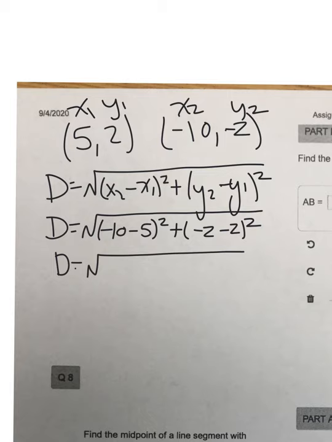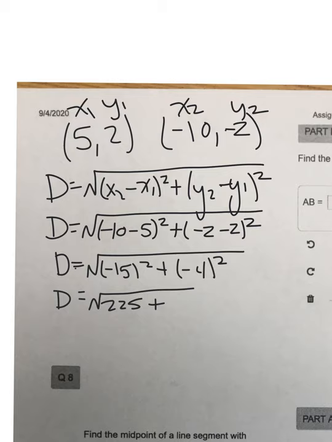So I have negative 15 squared plus negative 4 squared. Now 15 squared is 125? No, it's 225. So I have the square root of 225 plus negative 4 squared is 16. So this is equal to the square root of 241.